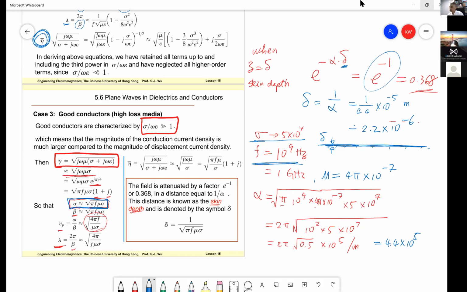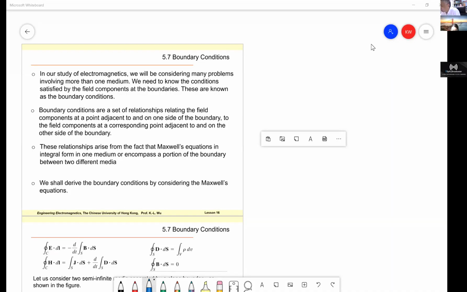All right, so let's continue our discussion of the last section of this chapter 5, and also the last material we will cover in the midterm.